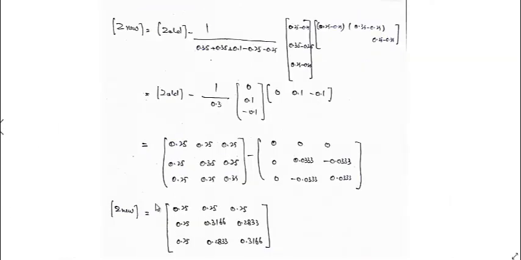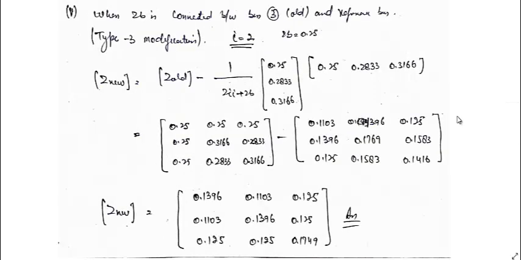Second column is 0.25, 0.3166, 0.2833. Like this. So when we multiply this, we get this matrix upon dividing by ZB, that is 0.3166 divided by 0.25, and then subtracting this, we get this matrix. This is the final matrix which we calculate by using this Zbus building algorithm.